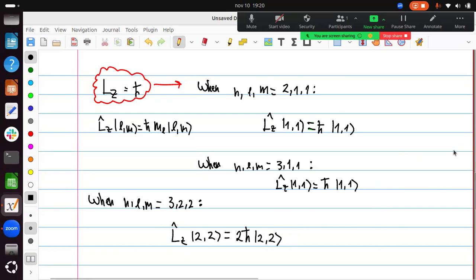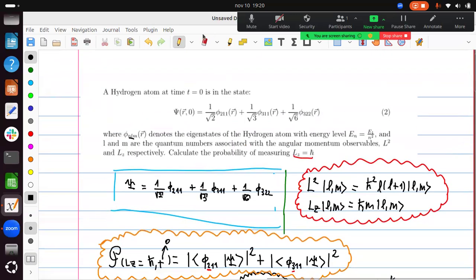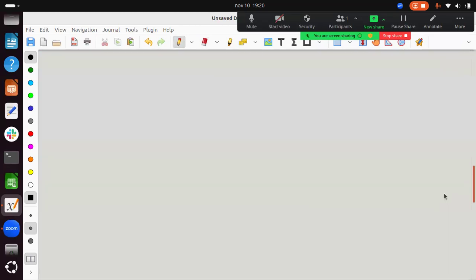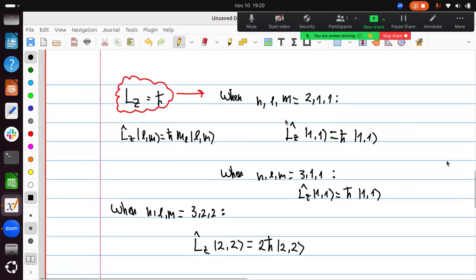So, for instance, the question says that we need to solve it when we only measure this possibility. And that possibility will be only restricted to these cases.